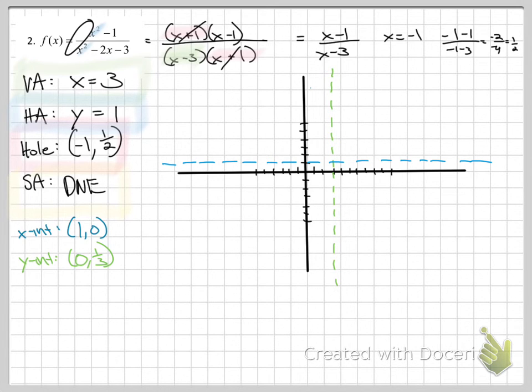So I'm going to graph this in orange. Our hole, -1, 1/2, needs to be clearly a hollow circle. My Apple Pencil is not cooperating. There you go. A clearly hollow circle.